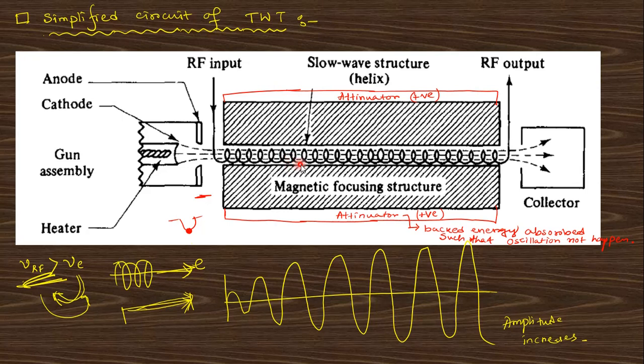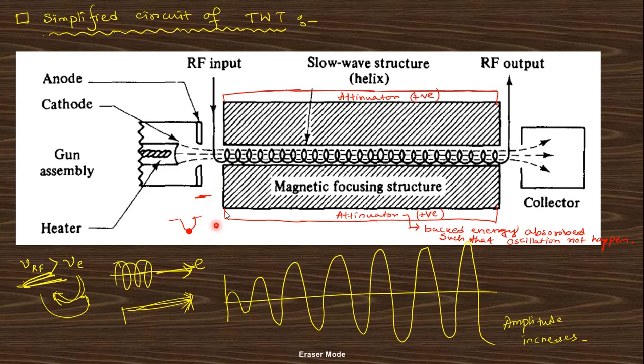And the same case for RF power. The RF power comes through this region, and when it is reflected back to the input, it will become an oscillator, but we do not want oscillation here, because in case of oscillation the efficiency will be reduced.